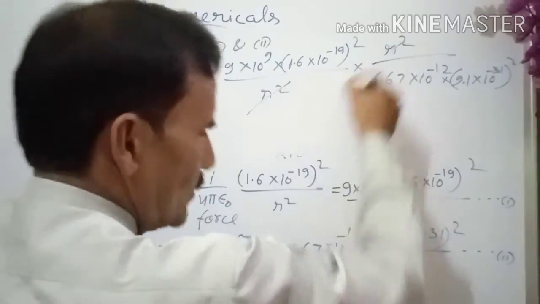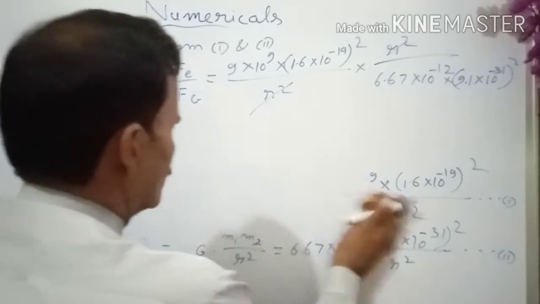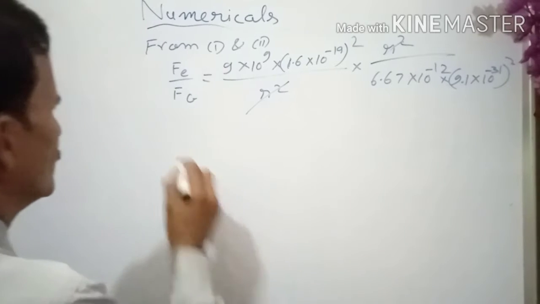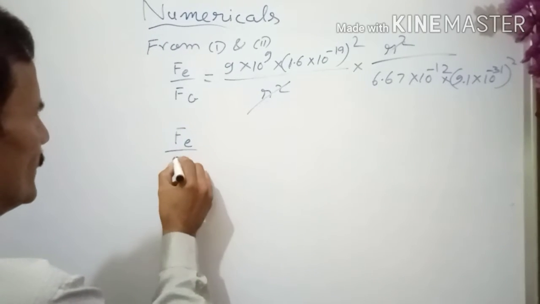Now these r square will cancel. So when you go through the calculations, you will get Fe upon Fg.